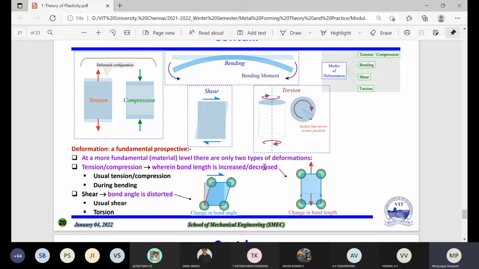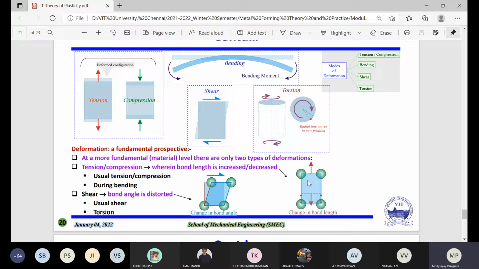there are only two types of deformation: tension and compression, or usually tension and compression during bending. So you can find the bond angle actually changing here. For example, you have the metal piece here. The moment you give shear, your bonding will change, and the metal piece will shift from one place to another, or from one side to another.